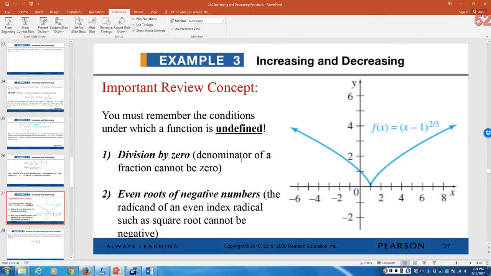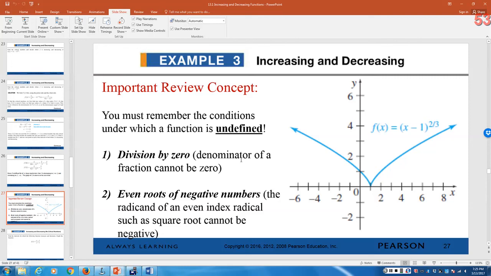And also, you need to remember the rules for differentiability. If the derivative exists, it's going to give you the slope of the line, but it doesn't always exist. It will not exist at a place where the function doesn't exist. That should make sense, because any place where the function doesn't exist, it doesn't have a slope because it doesn't live there. Okay?